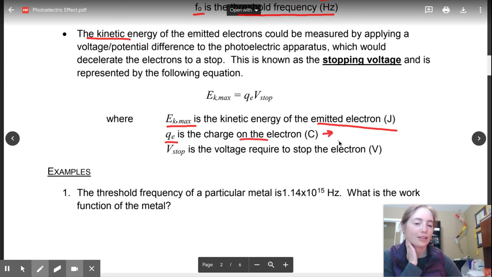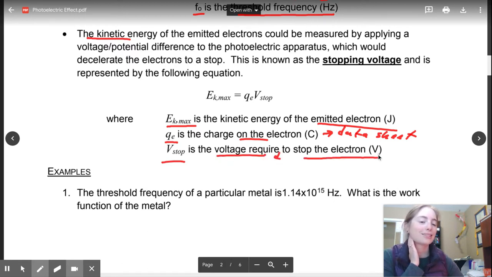Unless said otherwise, which it won't be, you'll find the charge of your electron on the back of your data sheet. And V stop is the voltage required to stop that electron.